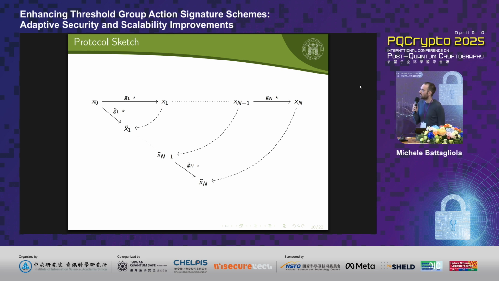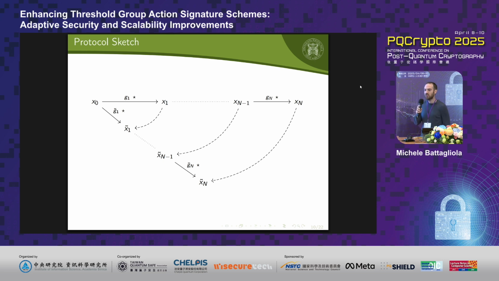It's a little bit more cumbersome to reveal the final dotted line, but the idea is to exploit this structure of triangles that are growing bigger. The first player can compute the first diagonal dotted line by doing g tilde 1 times g1 to the -1.